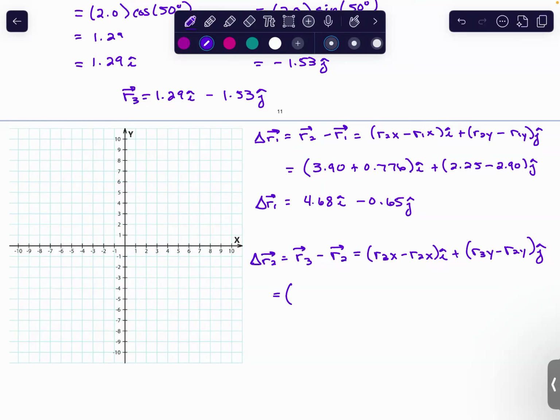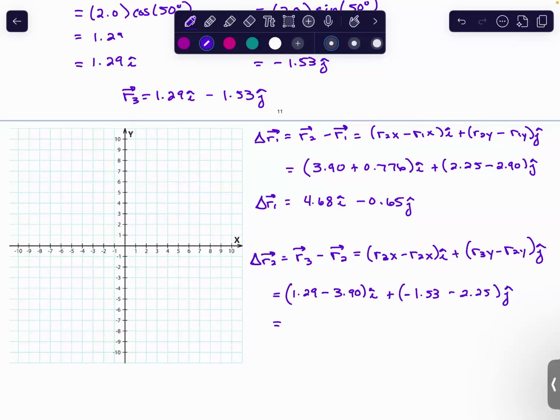Okay, so R3x is 1.29, R2x 2.90. So that's our i hat direction. And then R3y, negative 1.53, minus R2y, which is 2.25.